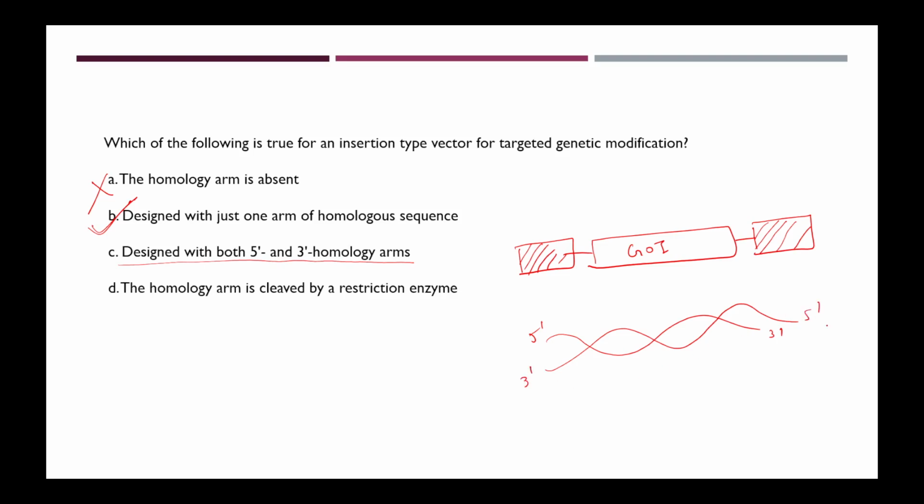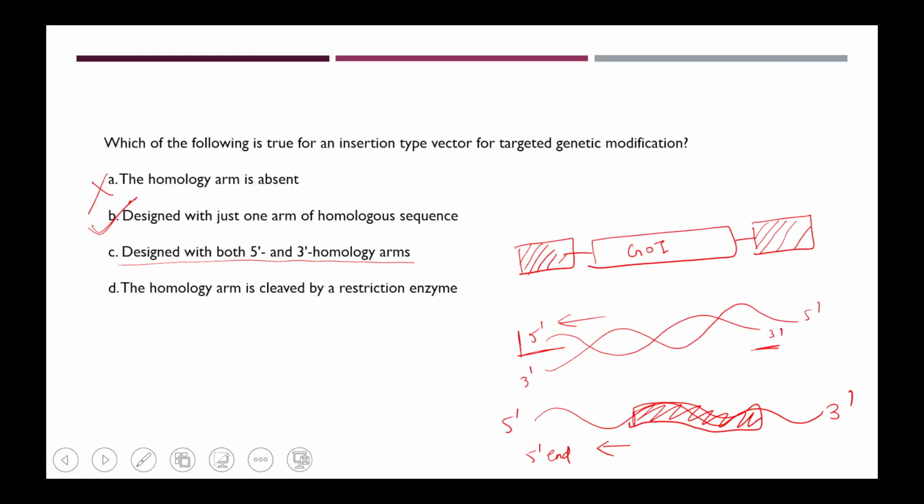The orientation that we see is from 5' to 3'. Suppose I'm seeing only one strand, 5' to 3', and this is the location of my gene of interest. Then prior to the gene of interest, this side is the 5' end, and this side is the 3' end.